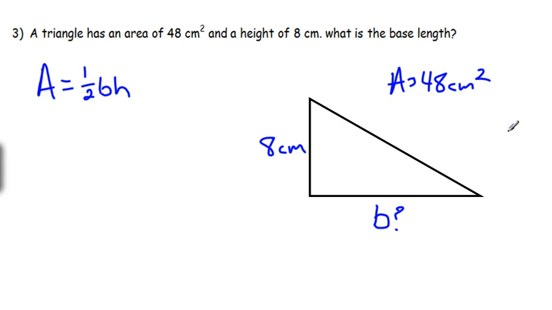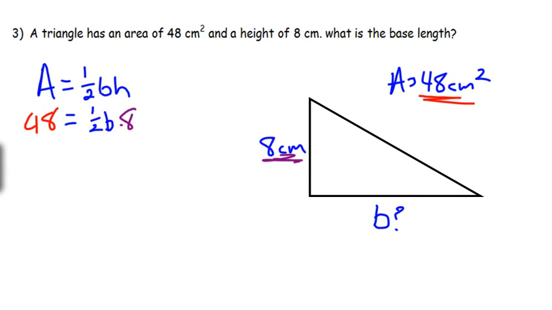And now we have most of this information. We know the area is 48. We know that 1/2 is 1/2. We don't know what the base is, that's just b. But we do know that the height is 8. So we have 1/2 of some number times 8 equals 48.